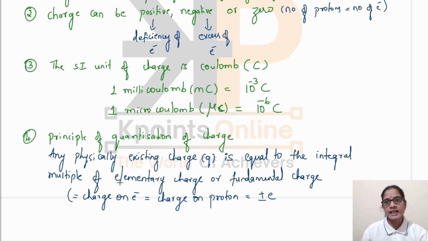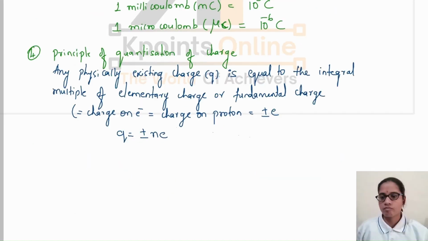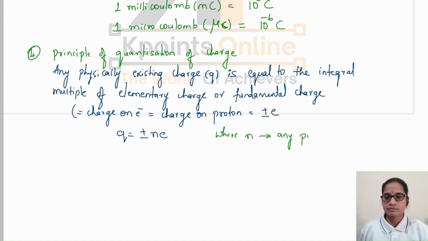The principle of quantization of charge says that the value of charge is equal to the integral multiple of elementary charge. So it is given by Q is equal to plus or minus ne, where n is any positive integer.